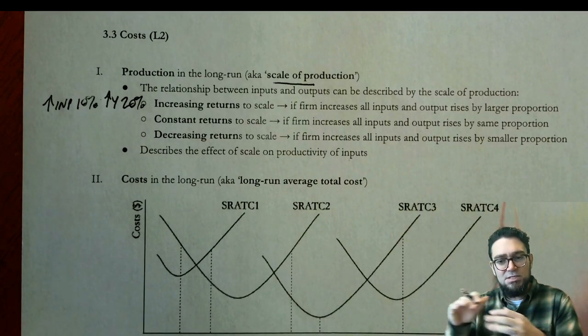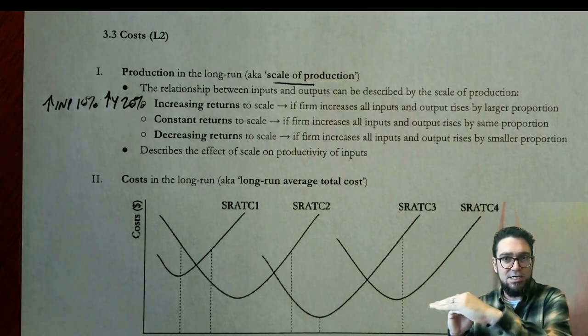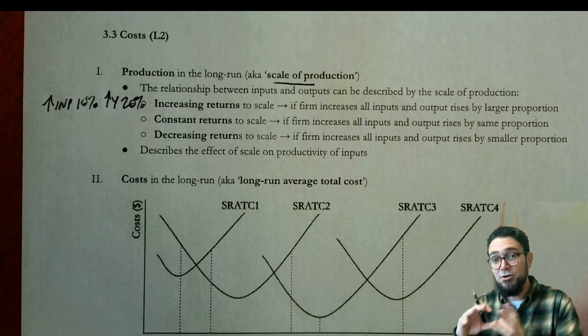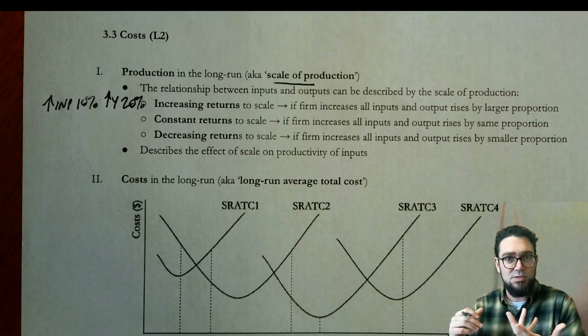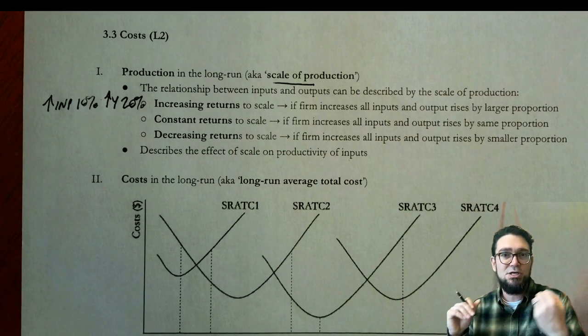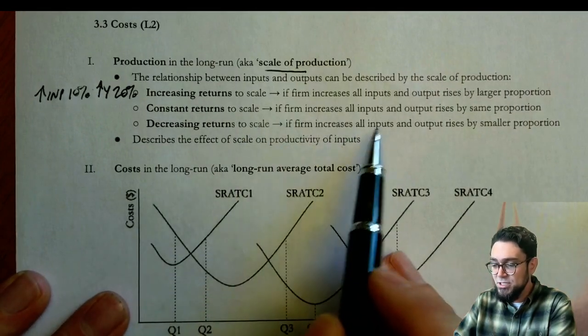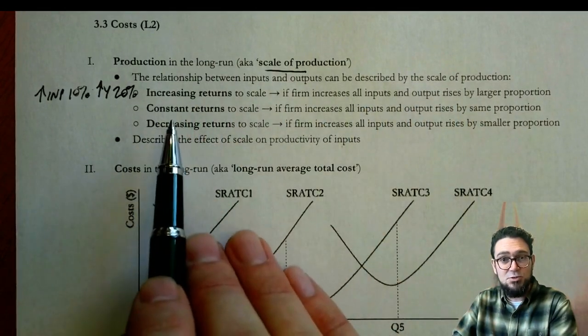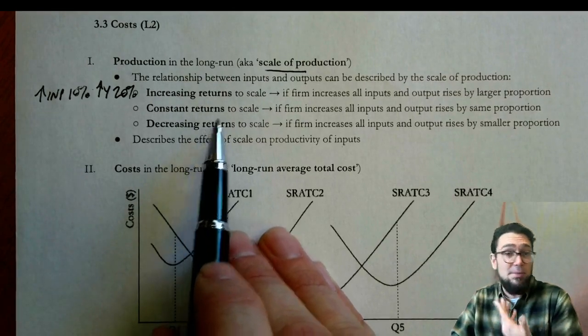But then your company gets larger and larger and it flattens out in terms of how much the output increases. And at a certain point, your company keeps getting bigger, but the productivity of the inputs actually falls. Again, that's miscommunication issues. There's a bunch of different reasons why that kind of thing would happen. So this is really describing the relationship of inputs and outputs: increasing returns, constant returns, and decreasing returns. And returns here means the amount of output.